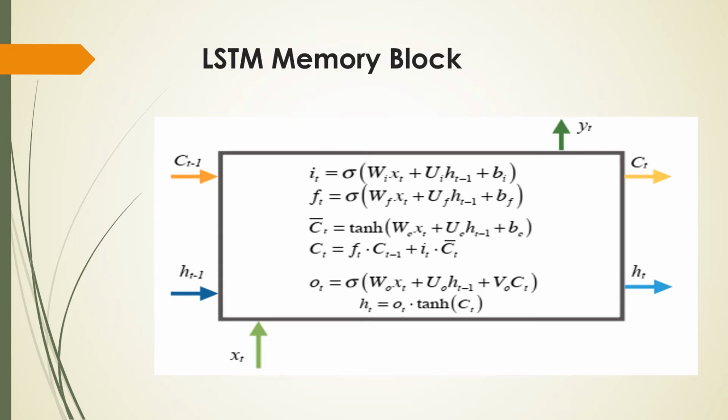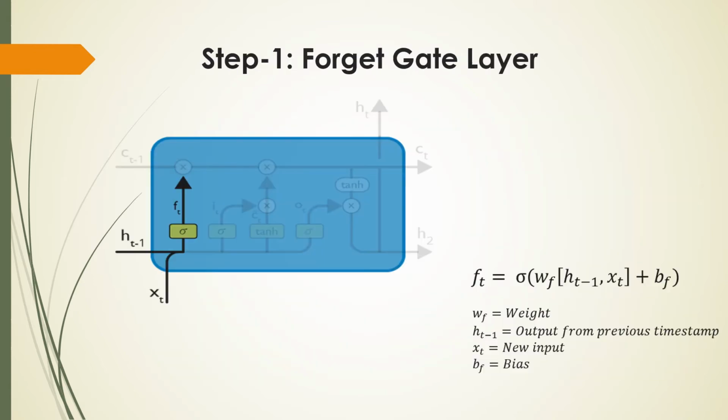So all this information comes in the form of gates. And C bar t means the information belonging to the candidate layer at timestamp t. Ct is the conveyor belt, also known as the cell state. And Ot means the output at timestamp t.